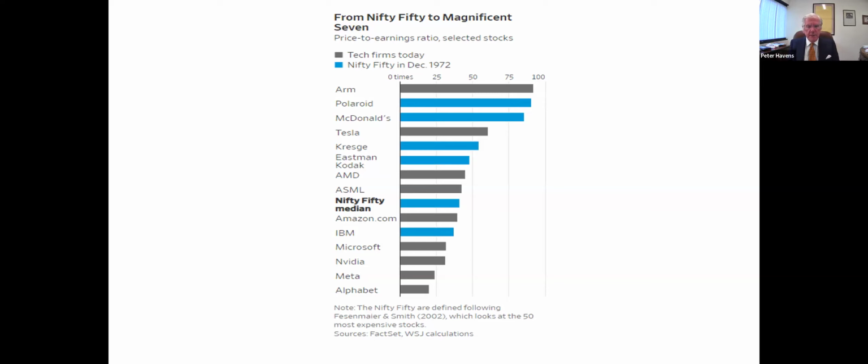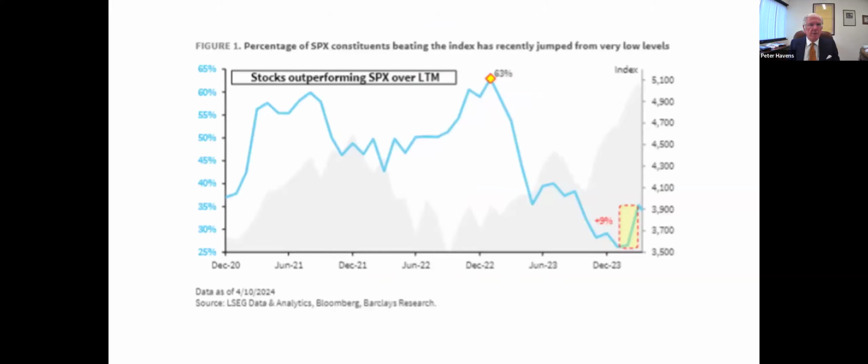So Chrissy, why don't we go to the next slide 3. This is a chart provided to us by Barclays, which is demonstrating exactly that point. You see in the far right-hand side, this is a measurement of the S&P 500 leadership beginning to broaden out. In other words, stocks that are not included in the Magnificent Seven, more names are achieving new highs.